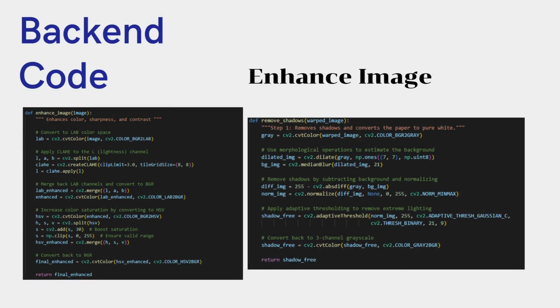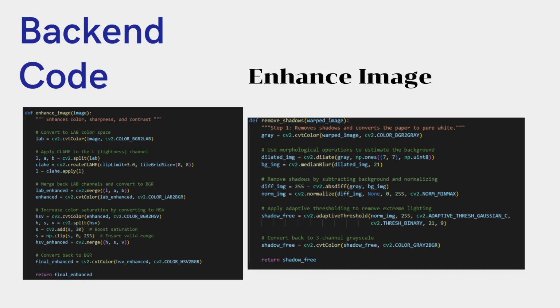This is the image enhancement code, which will run if you choose the combo box to enhance the image, but if not, it will not run. What it does is convert the photo to a color space called LAB.